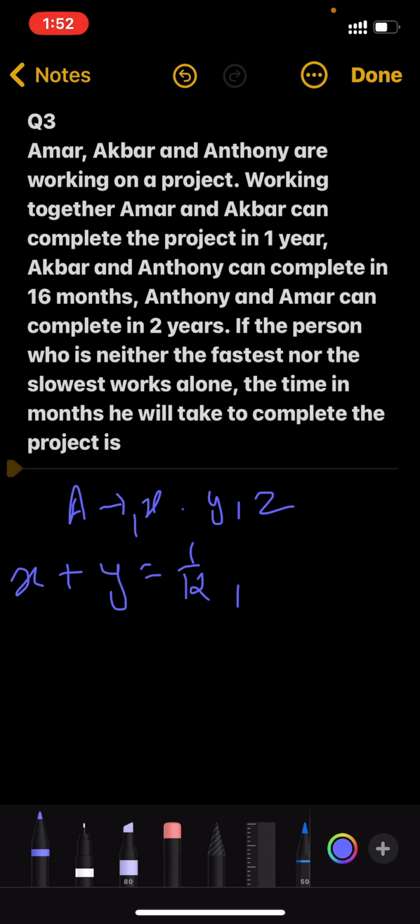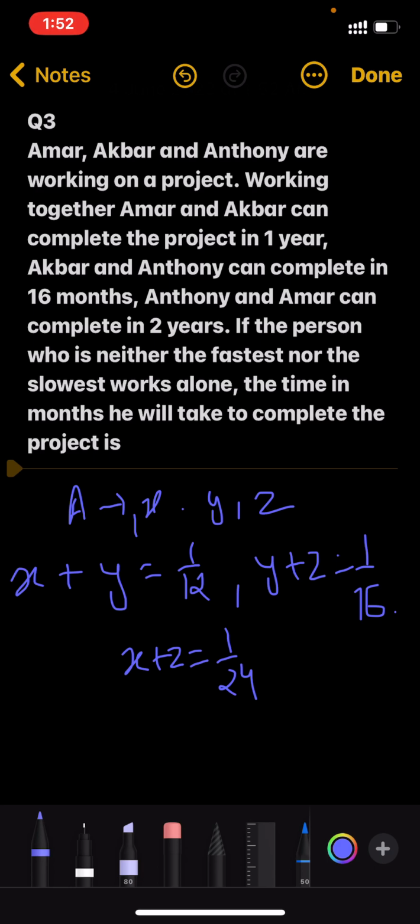And Akbar and Anthony: y plus z equals 1 upon 16 months. And Anthony and Amar: x plus z will be 1 by 24. We'll add all these equations.